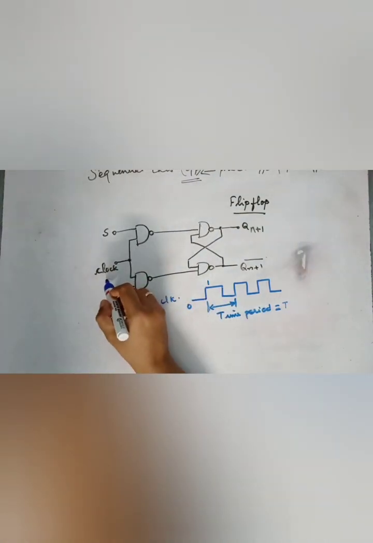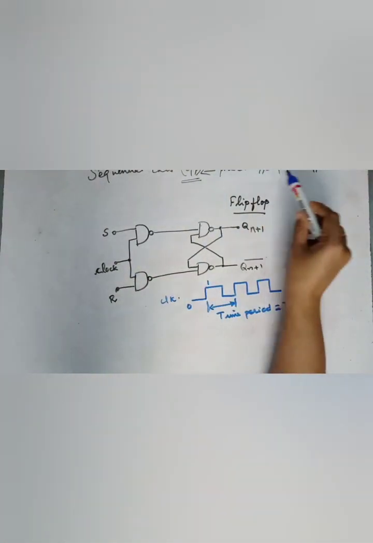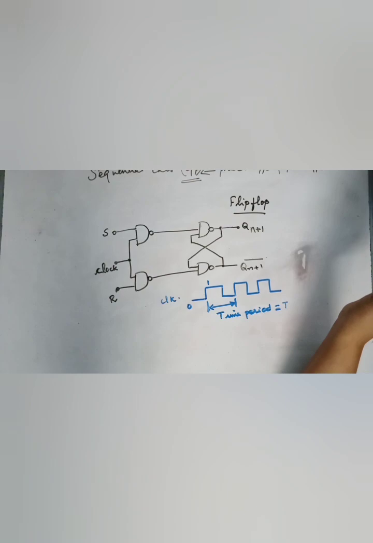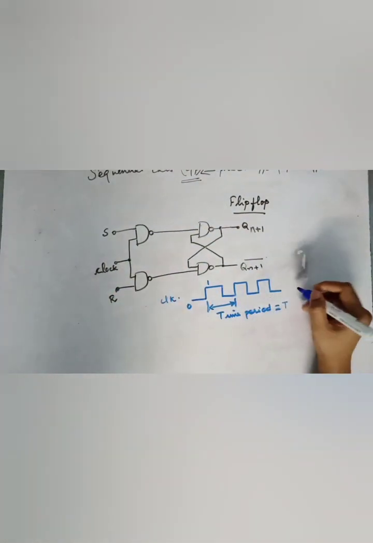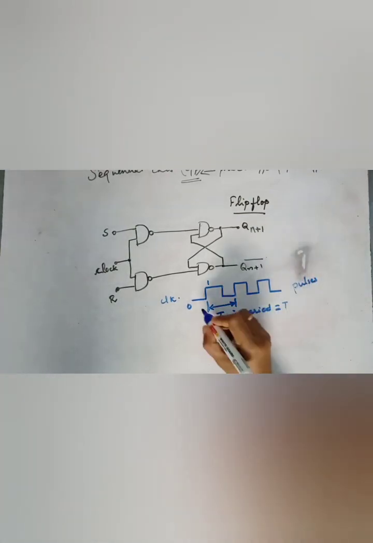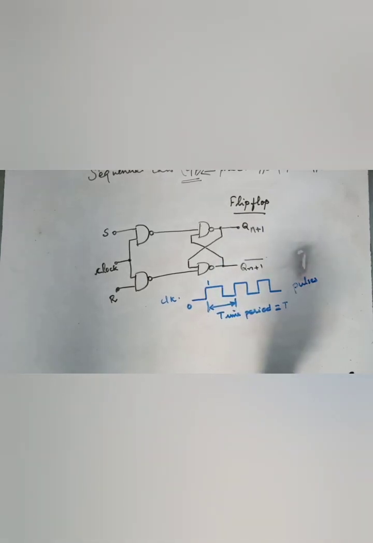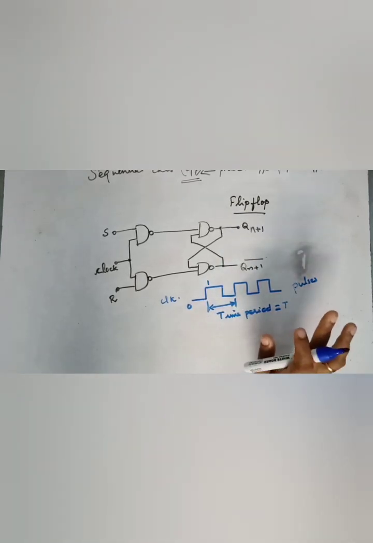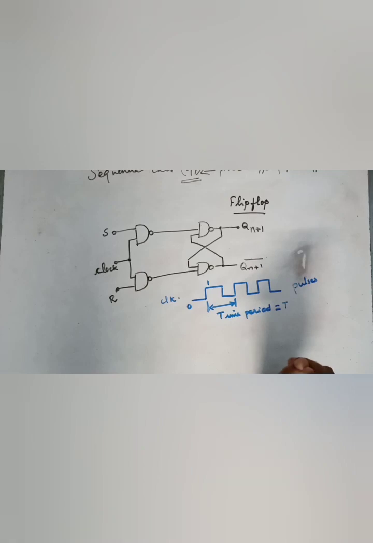So the clock is used to define this present and past. What is a clock? Clock is a series of pulses, square pulses. Pulse means what? It is 0 and 1. You have just two values, 0, 1.